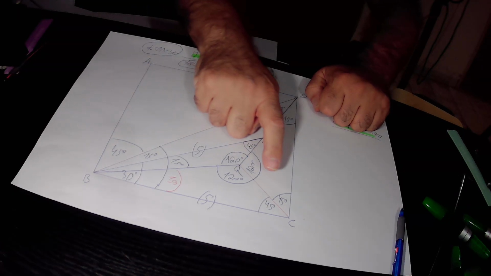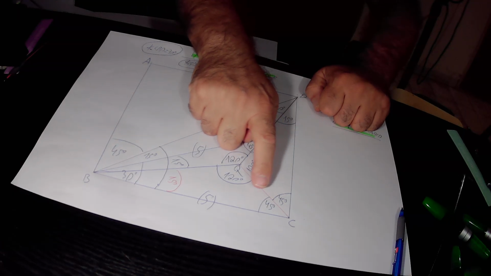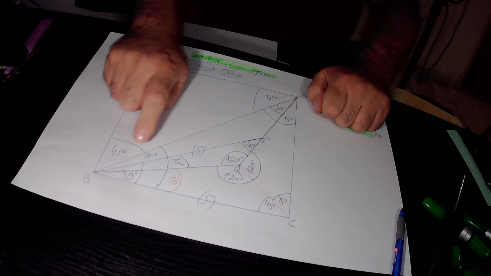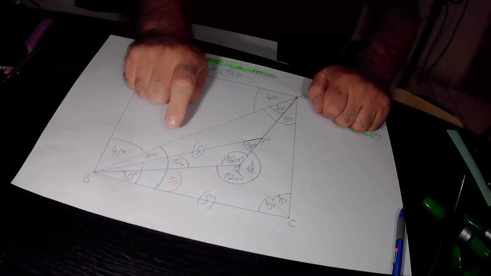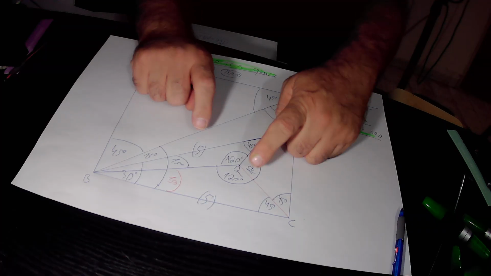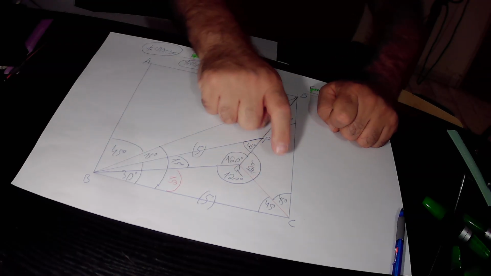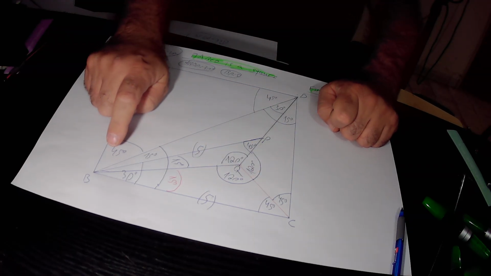So PB is the corresponding side of side CB. So side PB is equal to side CB according to the rule that corresponding sides in congruent triangles are equal to each other. Those two triangles are congruent, therefore the two corresponding sides BC and PB must also be equal in their lengths.